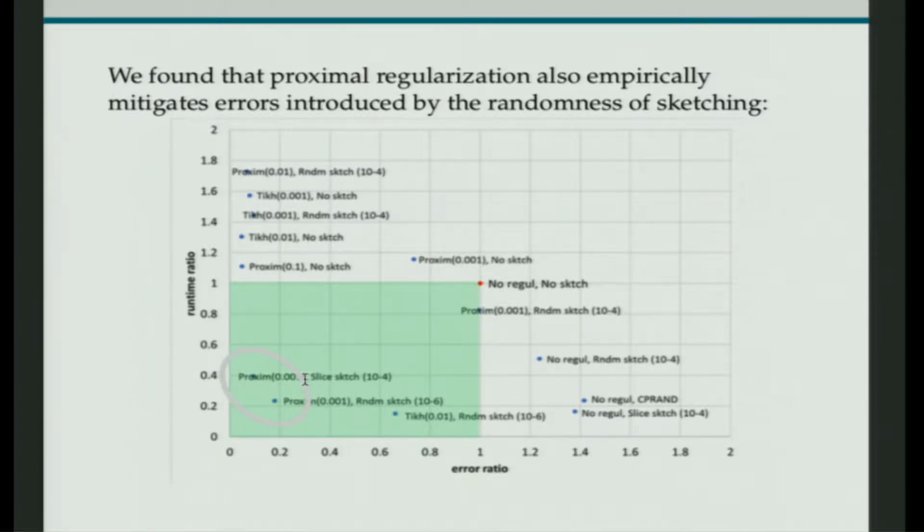So we looked at Tikhonov sketching as well as Tikhonov regularization as well as proximal regularization. So in this case, you can see that if you combine proximal regularization with a pretty low sketching rate, you can still beat CPD ALS by a lot. Okay.